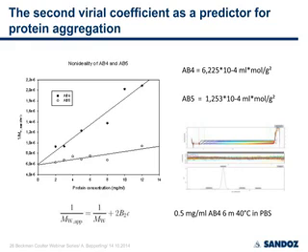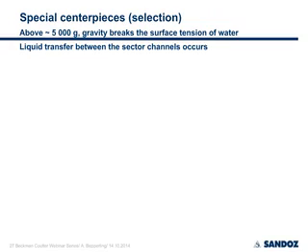Okay, now coming to the end, I will show you a selection of special centerpieces which are also available at Beckman Coulter. They are based on the observation that above 5000 g, gravity breaks the surface tension of water in small capillaries, and then you can transfer liquid between two sectors in your centerpiece.